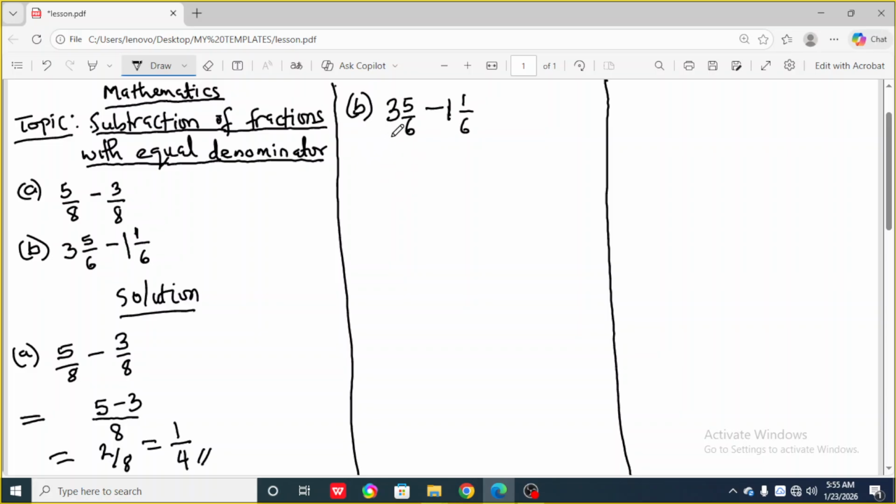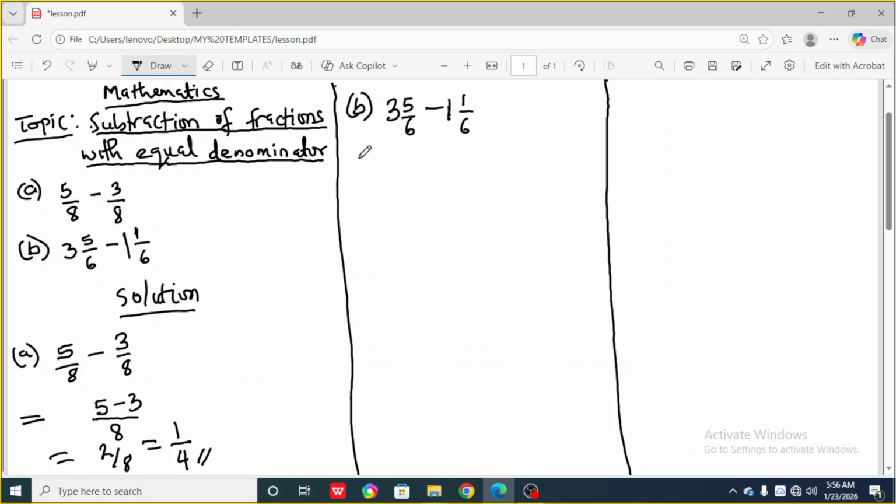If you look at this problem, we're having two mixed fractions. The first one, we call it a mixed number. The first number is 3 whole number 5/6. It's having a whole number and a fractional part. The second one has a whole number, which is 1, and also a fractional part 1/6. So how do we resolve this?